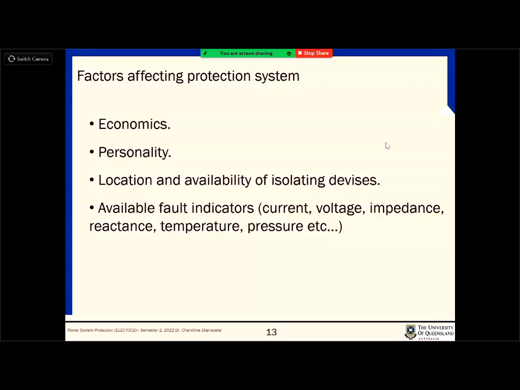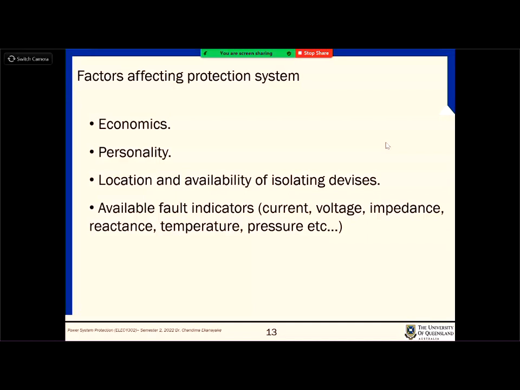And then what sort of indicators are there to identify the fault? It could be not only voltage and currents, there could be temperature, pressure, right? Other measurements, as an example, on a transformer you will have pressure measurements. You can have temperature measurements, right?